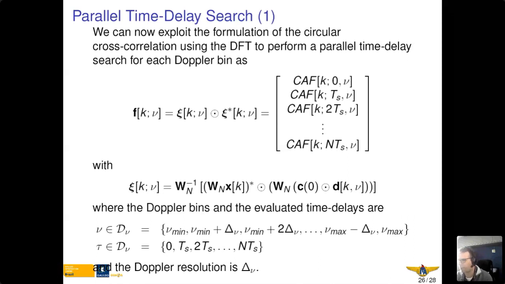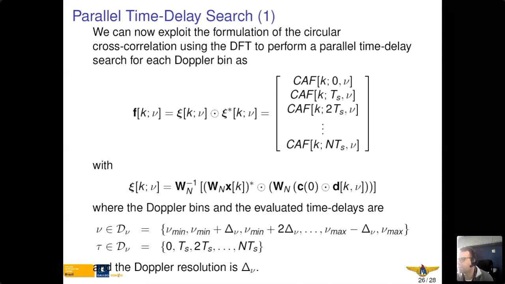So we have to probe different Doppler values, where the Doppler bins and the evaluated time delays are. The evaluated time delays, as I said, so τ in our case is an element of the domain D_τ. I have to correct this.